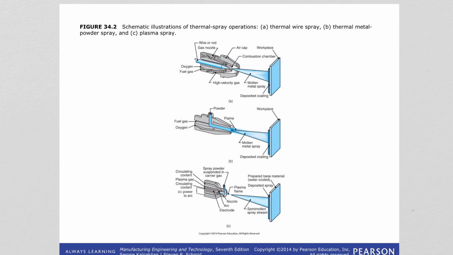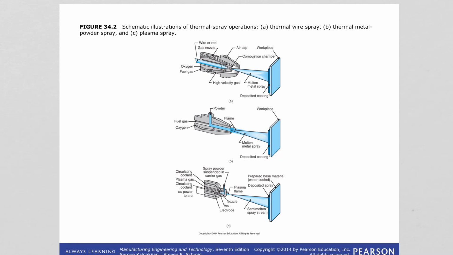And the bond is of medium strength and the process is relatively inexpensive. So I should also say bond strength depends on the particular process and the techniques being used.